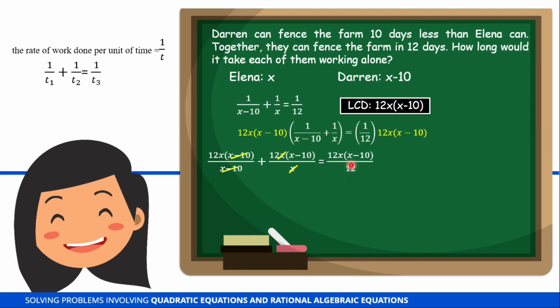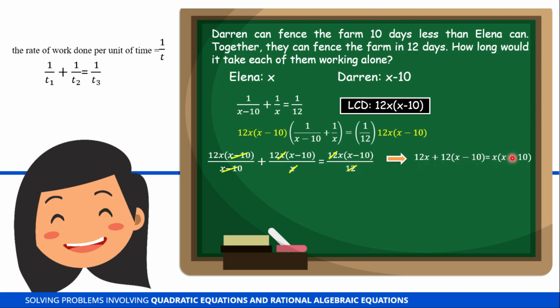Sa kabilang side naman ng equation, maaari na nating eliminate yung 12 dito sa ating monomial na 12x na nandyan sa numerator and yung 12 sa ating denominator. Maiiwan sa ating equation ay 12x plus 12 times the quantity x minus 10 is equal to x times the quantity x minus 10.